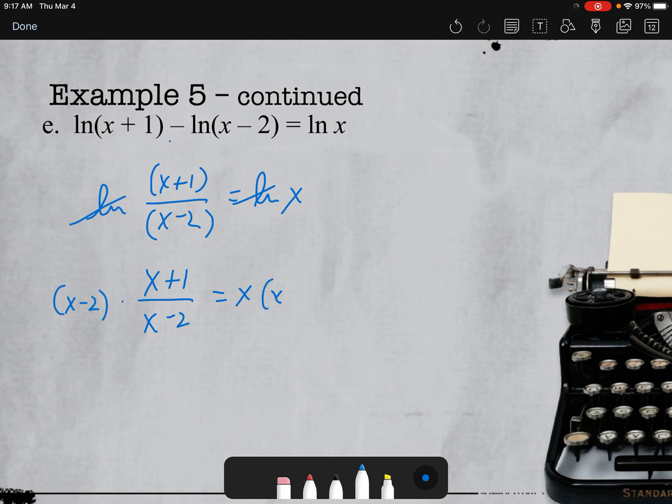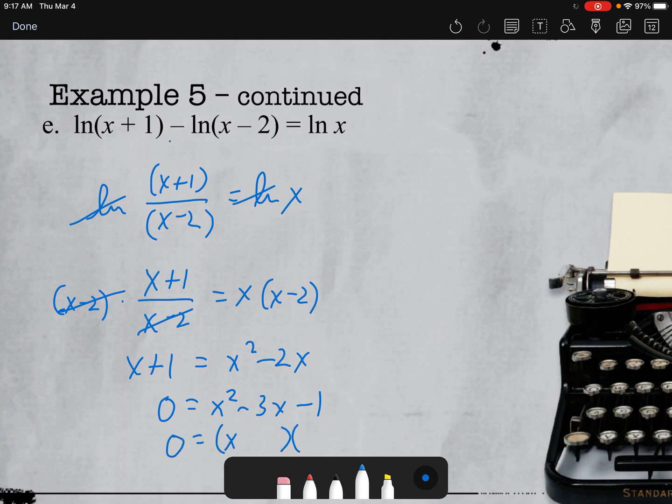Now, how do we solve that? Well, we've got to multiply by the denominator, clean this sucker up. So x plus 1 equals x squared minus 2x. Set it equal to 0. So you subtract x, subtract 1, and you get x squared minus 3x minus 1, which would factor to nothing, right? Okay, so what do we have to use?